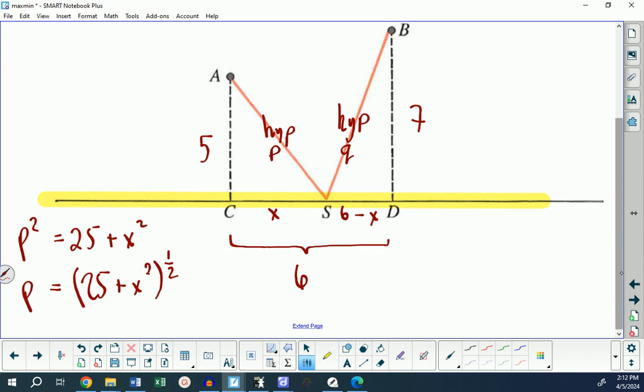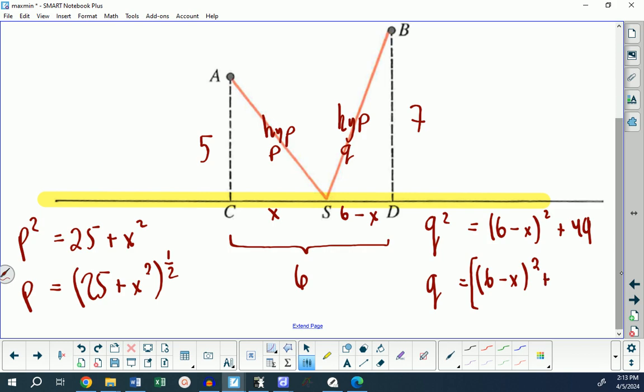In this triangle, q squared is equal to (6 minus x) quantity squared plus 49. And that means that q is equal to ((6 minus x) squared plus 49) raised to the 1/2. I'm using the Pythagorean theorem there.